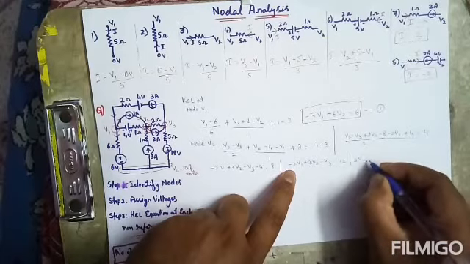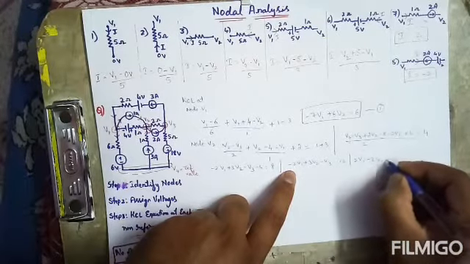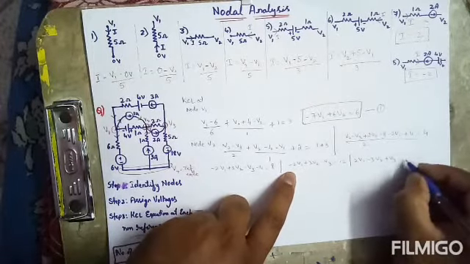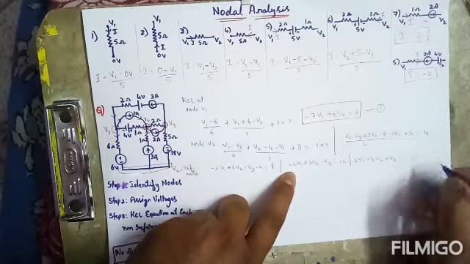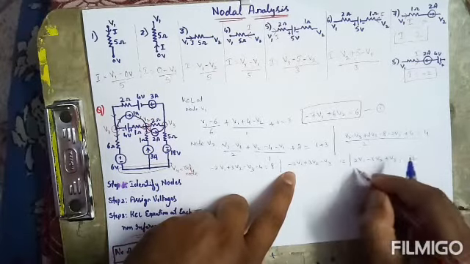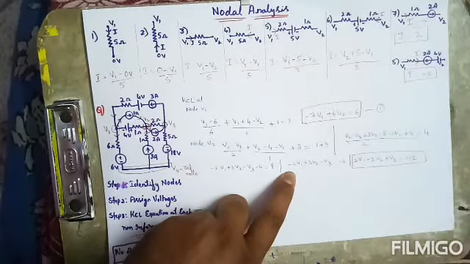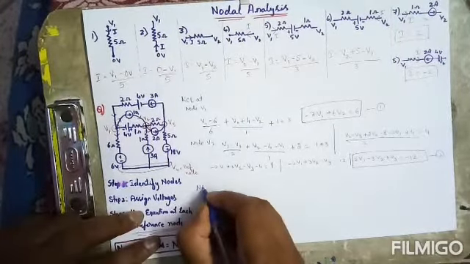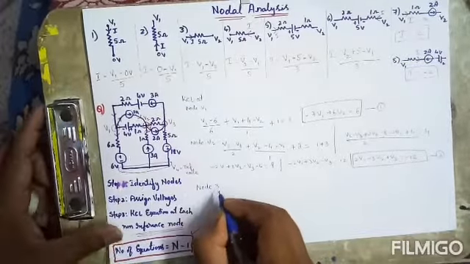We get 2V1 minus 3V2 plus V3 equal to minus 12. So this is equation number 2.